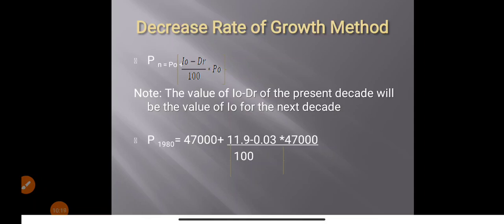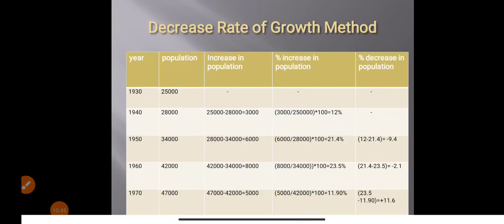I naught is the last decade percentage increase in population that we have to substitute, and dr is the average percentage decrease in population that we have to substitute, divided by 100, which is multiplied with the P naught, the previous decade population. Look at the previous slide.